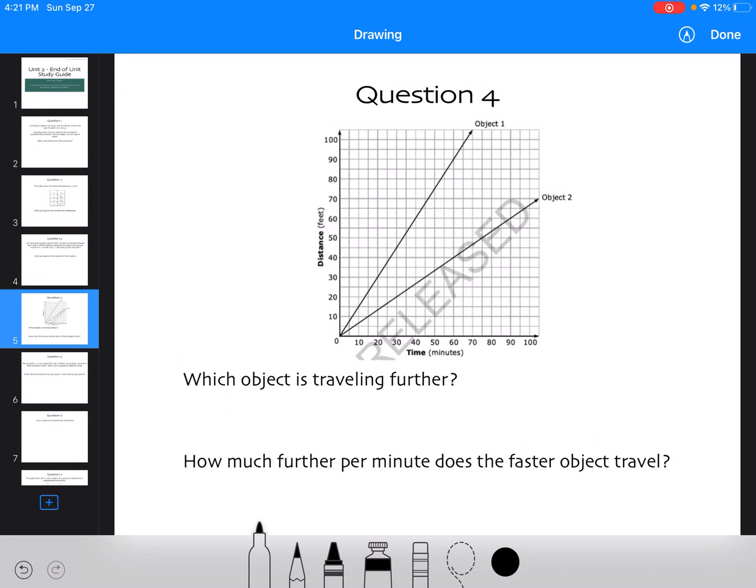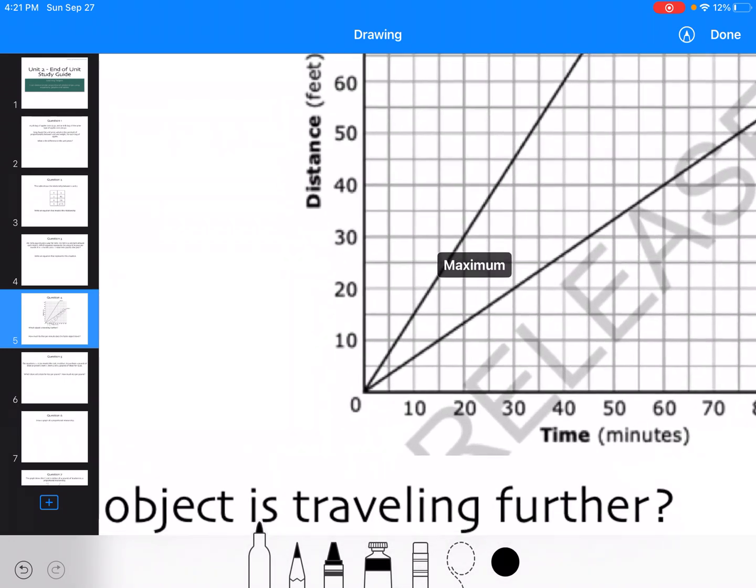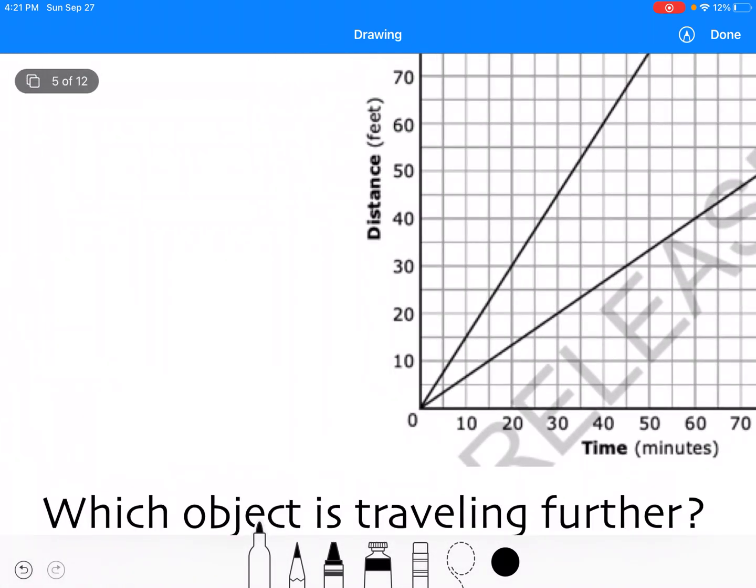Alright, which object is traveling further? Alright, so I know that I want to find one where I can look at my relationship between the distance and the time.